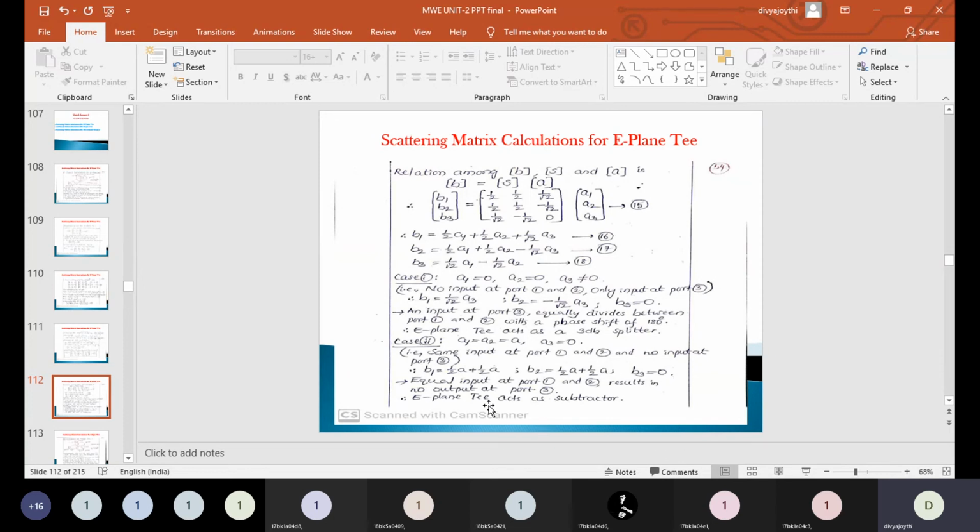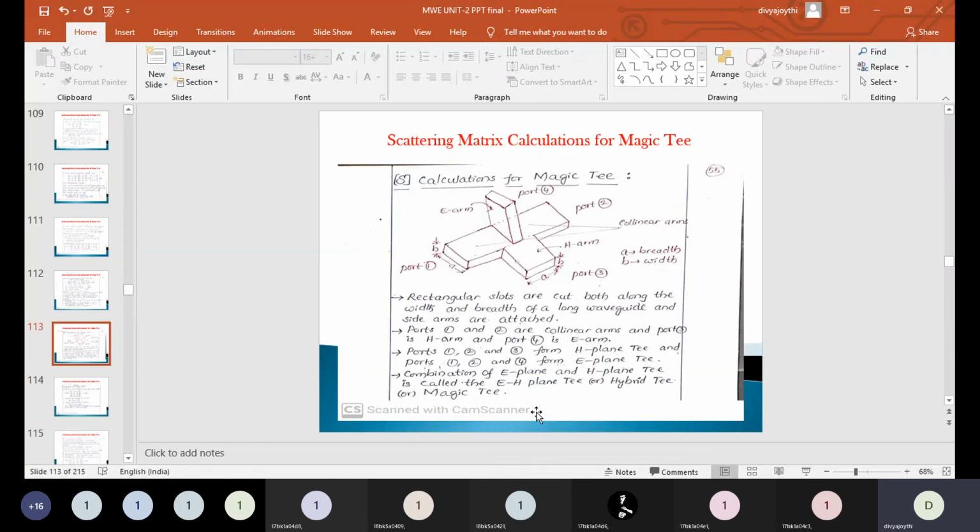So here you can state that the E plane T acts as a subtractor. Because when you provide the same inputs, you get 0 as output, you can easily state that the E plane T can act as a subtractor, whereas the H plane T is acting like an adder. So this is what we have about the E plane T.